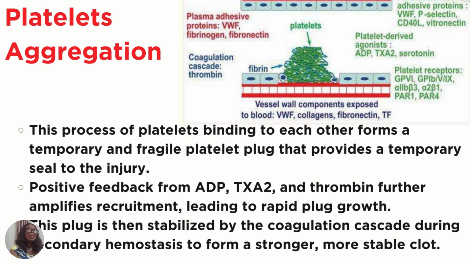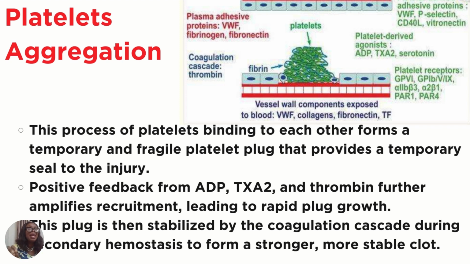And immediately after that, platelets are attracted to the site of injury because the endothelium is now damaged, exposing the subendothelium that contains von Willebrand factor and collagen. The platelets, with the help of their receptor, precisely the glycoprotein 1b complex receptor, bind to this von Willebrand factor, and then glycoprotein 6 also binds to the collagen, causing adhesion of platelets to the site of injury.